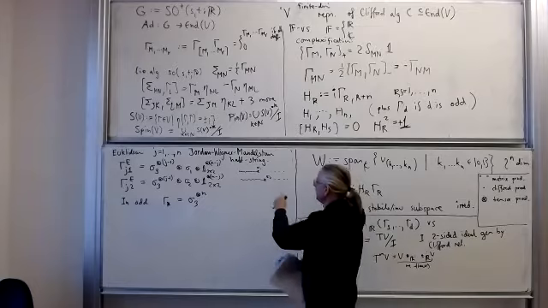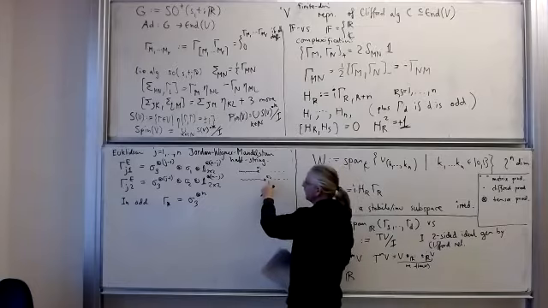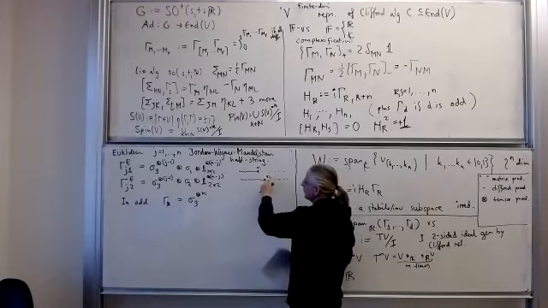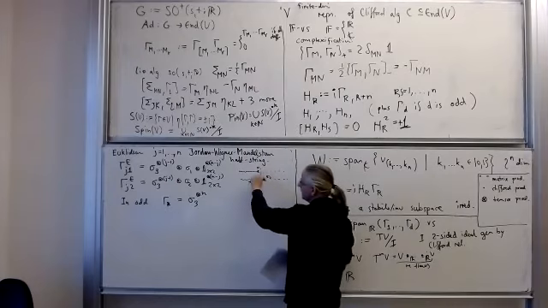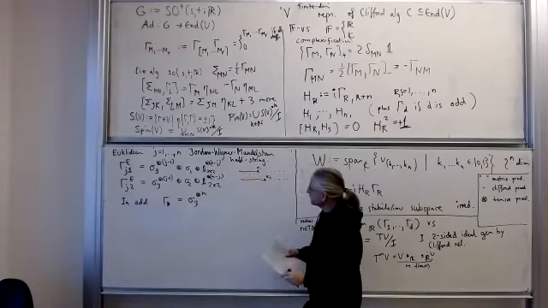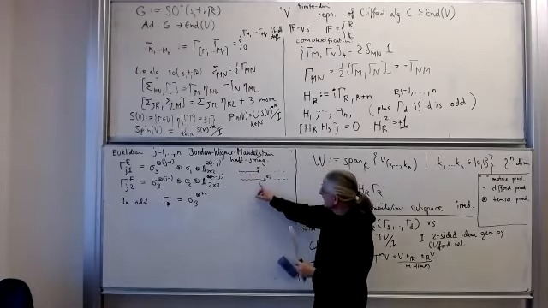So if sigma 1 and sigma 2 are on the same position, then they would anti-commute. And if they are at a different position, what happens then? That's where the string comes in.